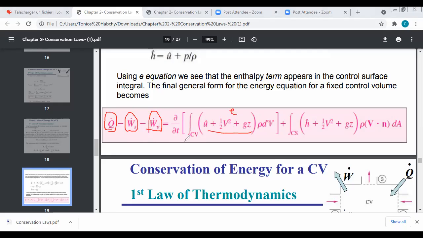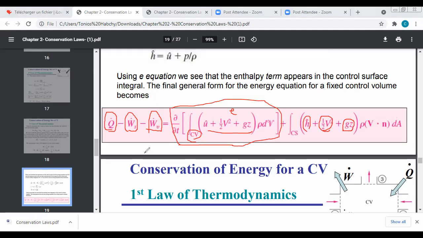In case you have a transient application, with an accumulation of energy in your control volume, this term will not be zero. If you have accumulation or loss of energy in your control volume, you should take this term into consideration. Plus, you have the integral over the control surface of the enthalpy plus the kinetic energy term, half V squared, plus the term related to potential energy, times rho V dot N dA.